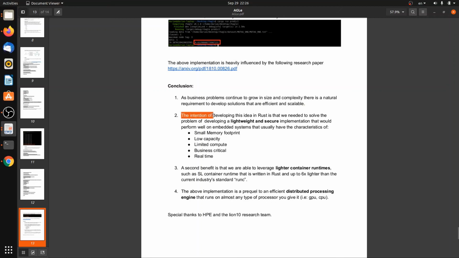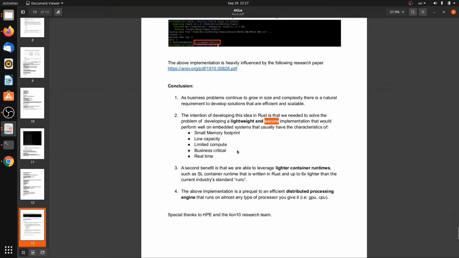The reason that we developed this code in Rust is because Rust is light and secure, and it's actually very fast. We're in the process of developing an embedded sort of system for deep computational learning. First of all, the graph framework is pretty efficient. Now we're trying to write this in an efficient programming language such as Rust, with the added properties that it's lightweight and secure.